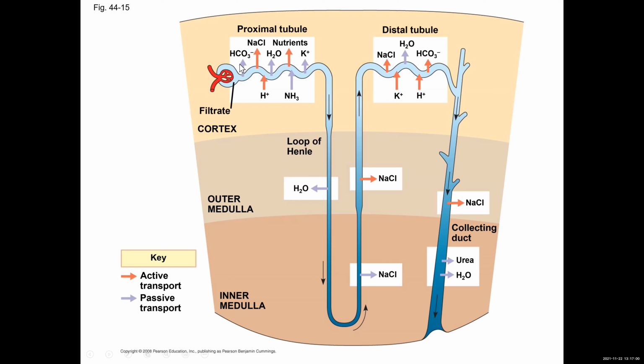So we're going to have in the proximal tubule a bunch of stuff happening, right? And we're going to have in the distal tubule what looks like almost the same stuff happening. It turns out the stuff in the proximal tubule happens pretty much the same exact way all the time.